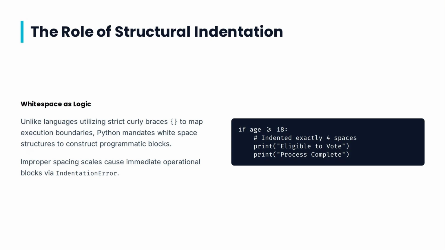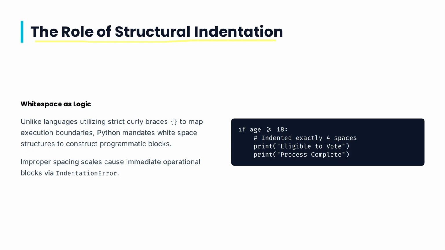Next is the role of structural indentation. Indentation is very important when we come to Python. Without indentation, the loops are meaningless, because when we'll be learning about loops, we'll come to know that when we start a loop, the work done should be inside the loop, and that has to be maintained using indentation.